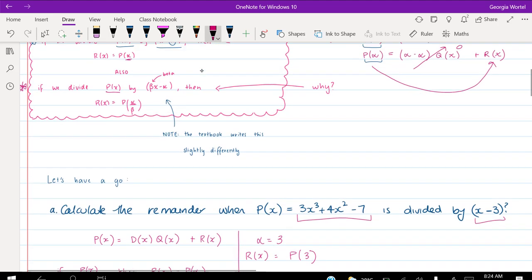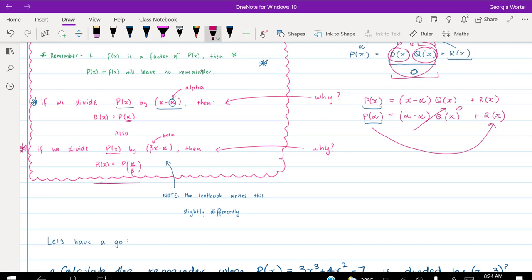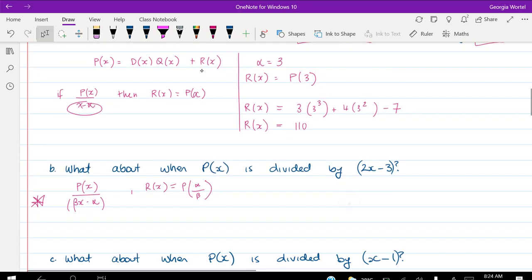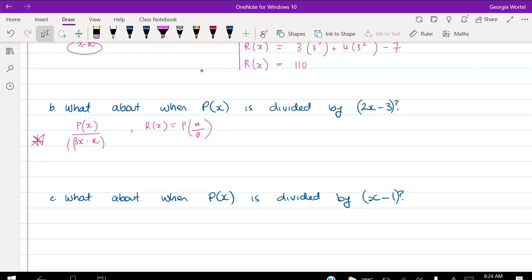That's just your remainder theorem up here, but the other version of the remainder theorem. We have our divisor written in this format. That's why we've chosen this format of the remainder theorem. So in this case, my beta would be 2, and my alpha would be 3.